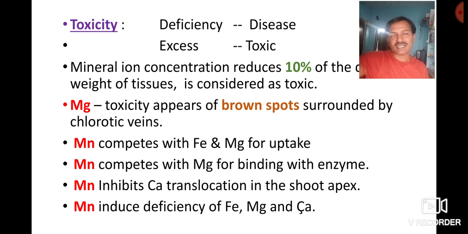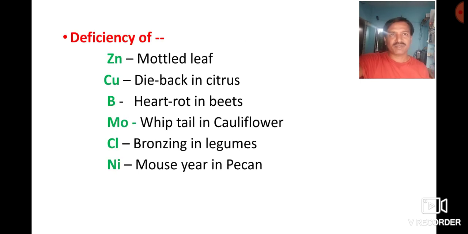It inhibits calcium translocation in the shoot apex, and induces deficiency of iron, magnesium and calcium. So these are all about manganese.